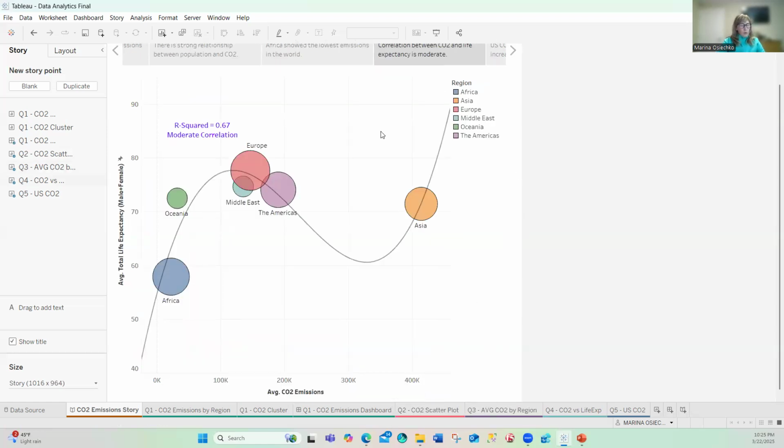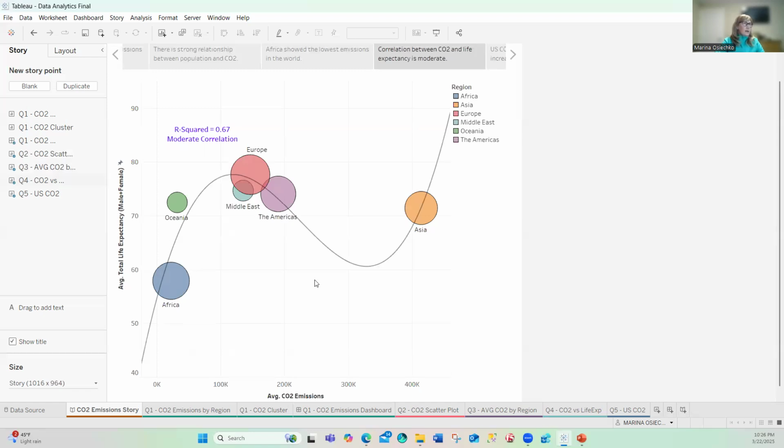Question number four is how strong was the correlation between life expectancy and CO2 emissions in 2010? And so this chart depicts average CO2 emissions versus average total life expectancy in 2010 by region.